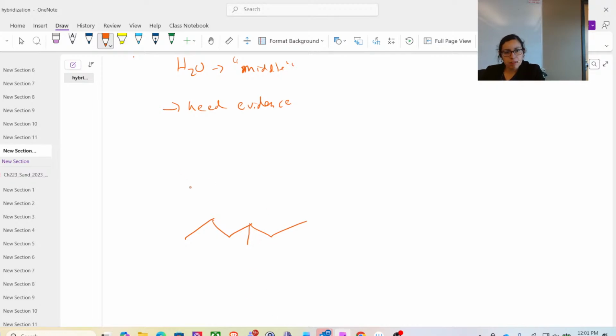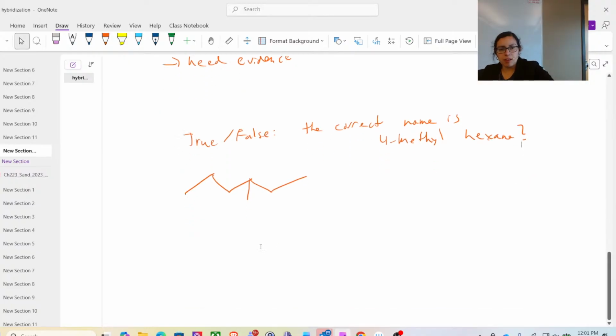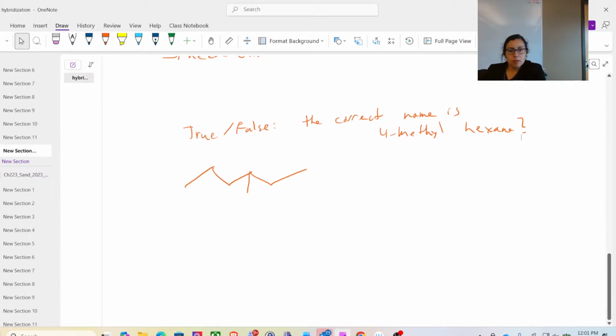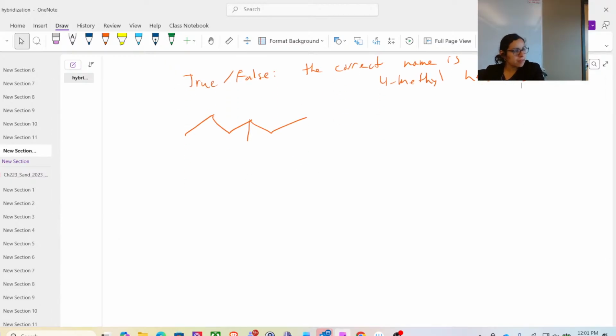Okay, so this would be a true or false, and the correct name is 4-methylhexane for this one. So look at that for a second. Why or why not is that true? And while you're staring at that compound, I'll try to draw out another one.